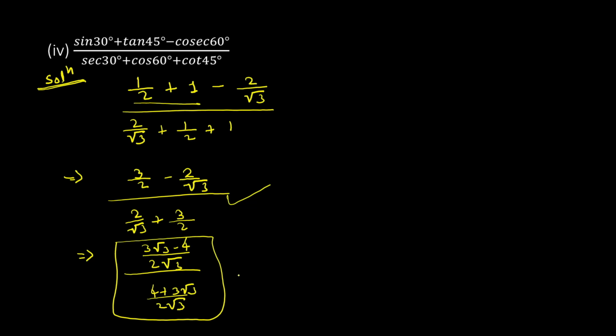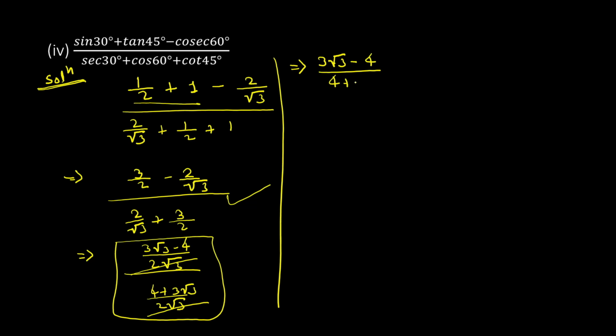Now we will solve further. So 2 root 3 and 2 root 3 cancelled out. So finally what's remaining? 3 root 3 minus 4 upon 4 plus 3 root 3.